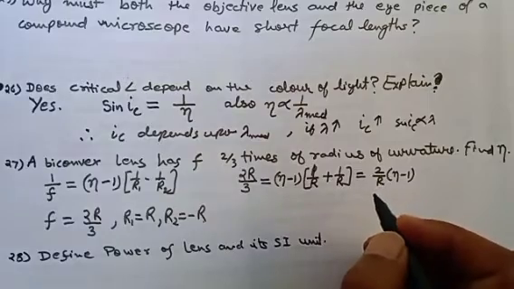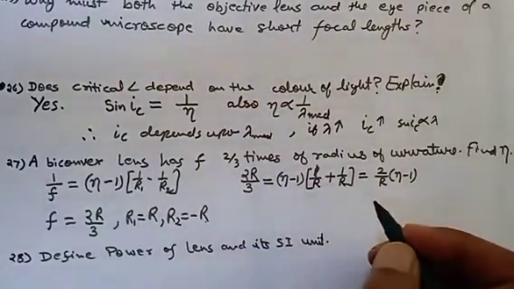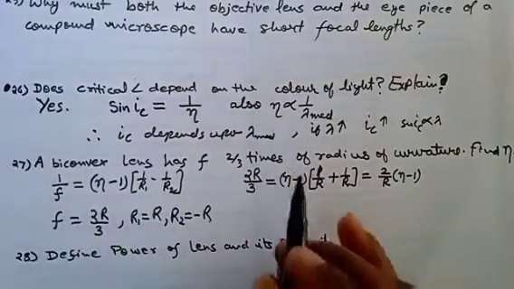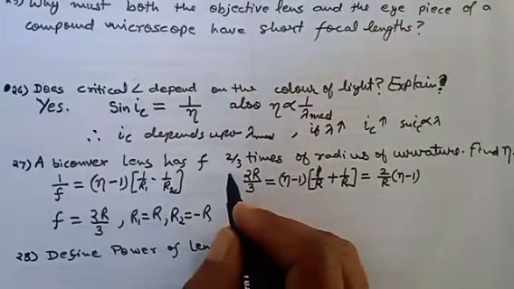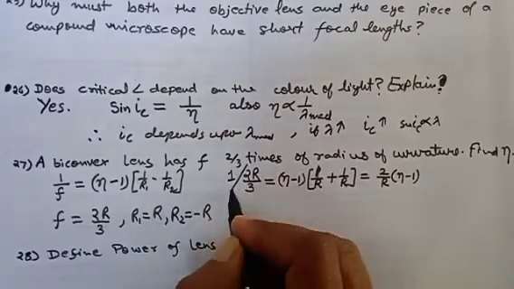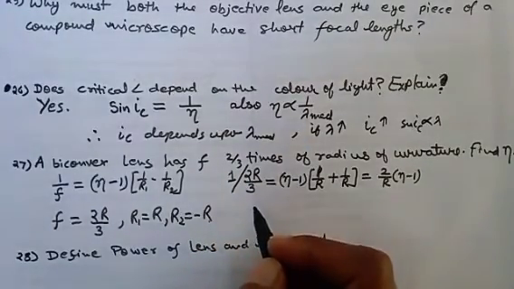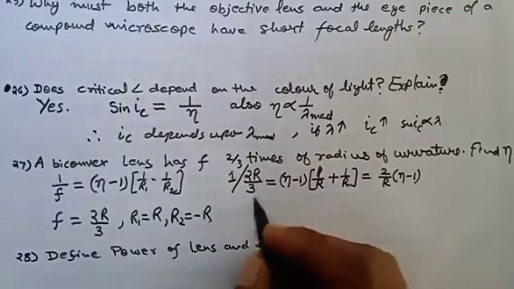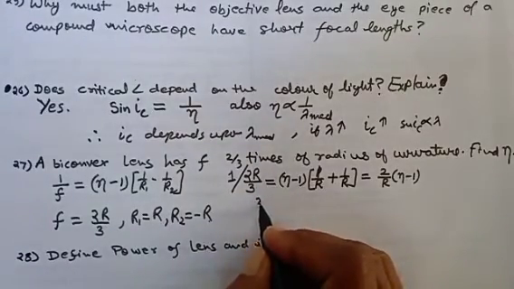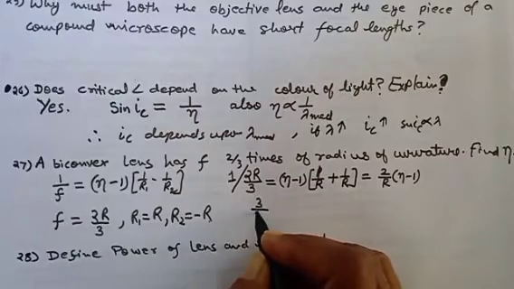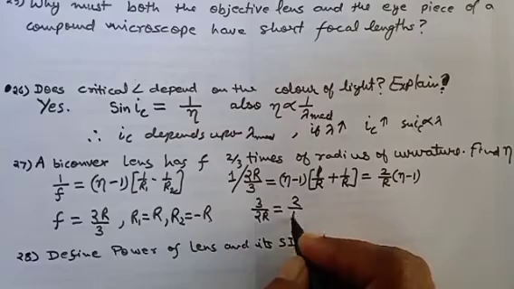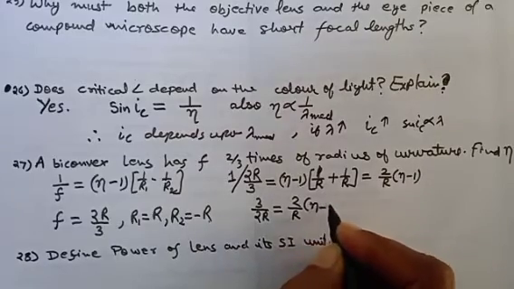Oh my god, what is this happening? Big mistake, big mistake. So students, we the teachers can also make mistakes. It is 1 upon f actually. So correct it. And now it is 3 by 2r is equal to 2 by r eta minus 1.